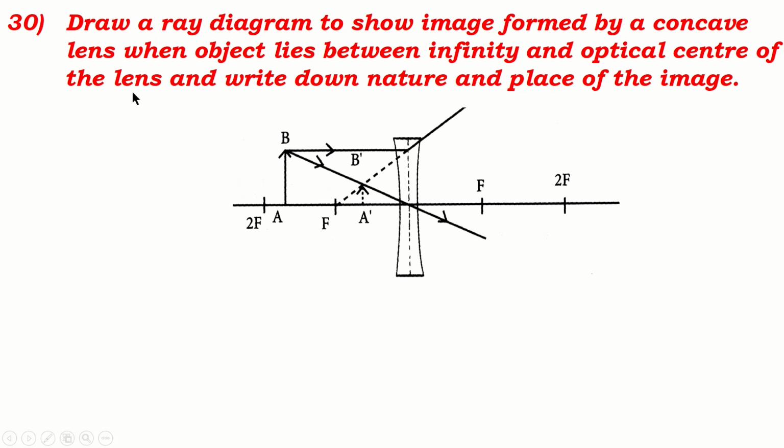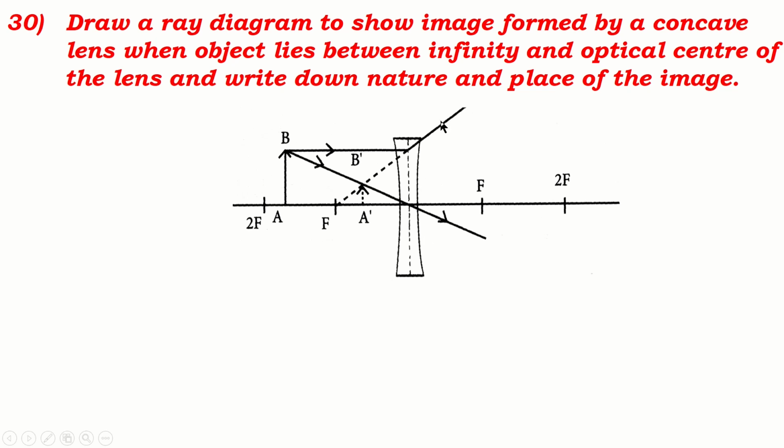Here what is told, the object lies between infinity and optical center. Here we have optical center and infinity very far distance, and any place we can put the object. I placed it at this position, this is the object AB, and a ray of light coming from the head of the object taken parallel to the principal axis, and it diverges from focus like this, and a ray of light passing through the optical center passes straight without deviation, and both of them are not intersecting in the really refracted direction.